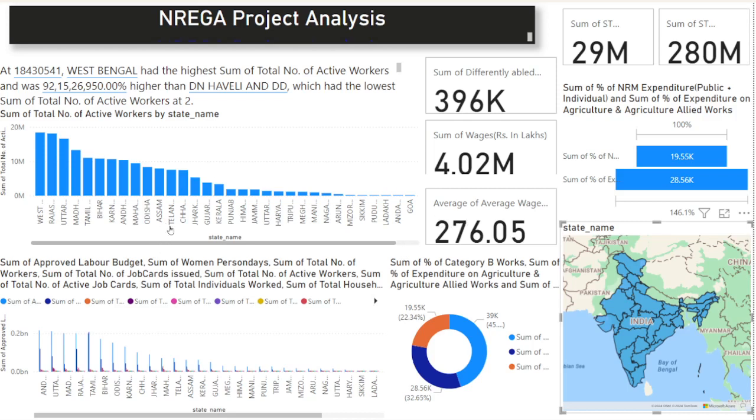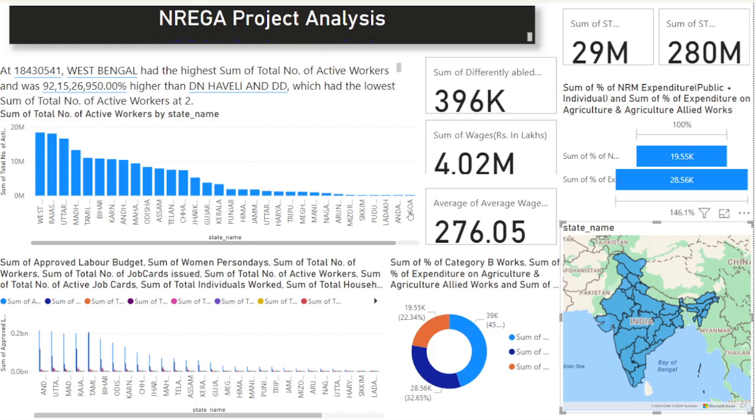Total number of job cards issued and total number of workers. This is a correlation between job cards issued and number of workers. This is the total number of job cards issued. ST workers against active workers for different districts.